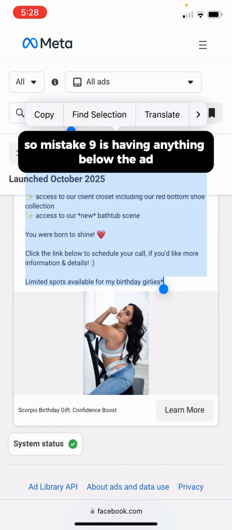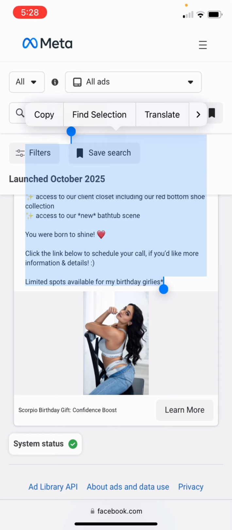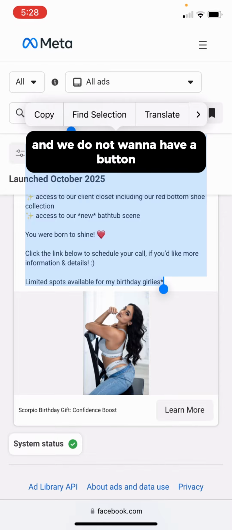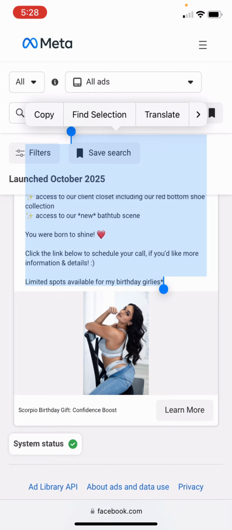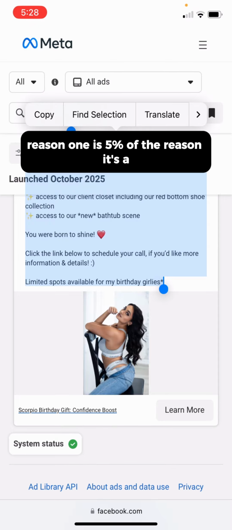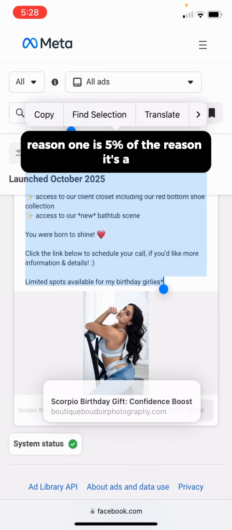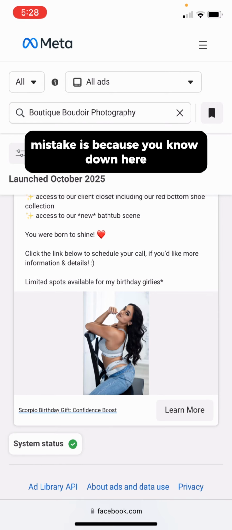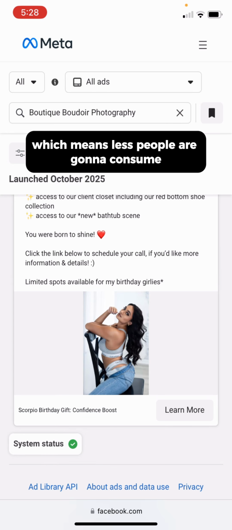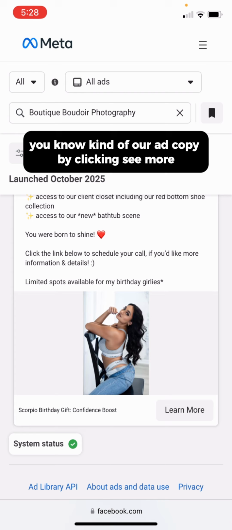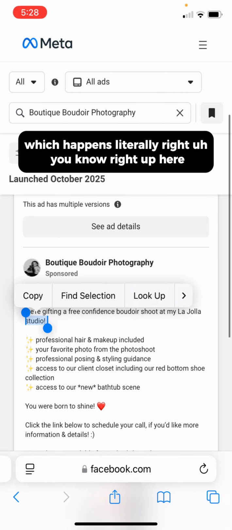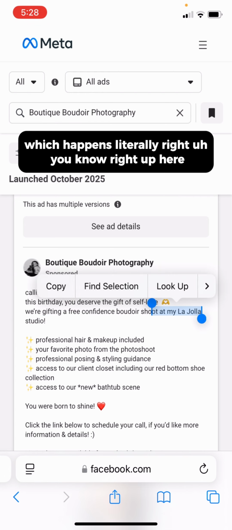So mistake 9 is having anything below the ad. We don't want to have a BCH, a below creative headline, and we do not want to have a button. And there are 3 reasons. Reason 1, which is 5% of why it's a mistake, is that stuff down here makes it look more like an ad, which means less people are going to consume our ad copy by clicking See More, which happens right up here.